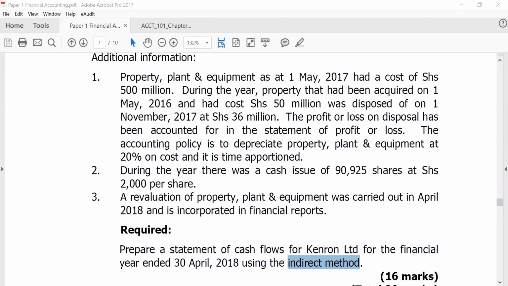In some cases, they may not tell you the method to use, but based on the information you have, you can understand whether you're going to use the indirect or the direct one. But mostly the examiner will clearly bring out what they want you to use. So that is what exactly happens.